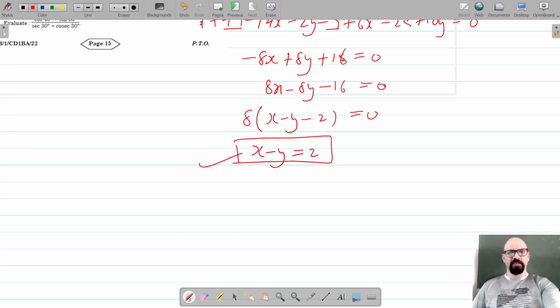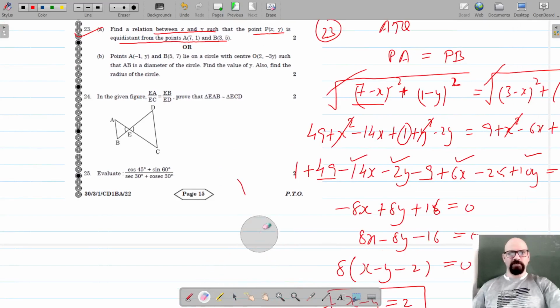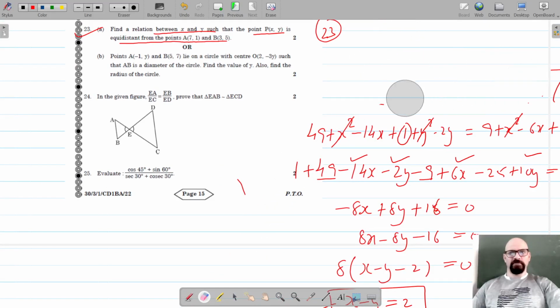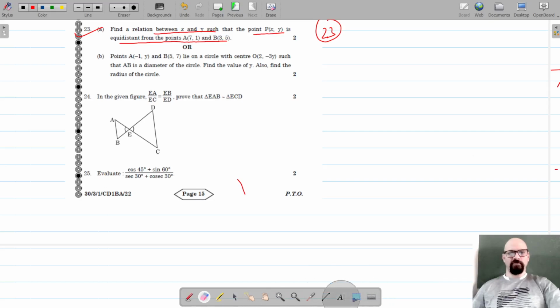Okay, for the next one, that is part B. It's given that points A (minus 1, y) and B (5, 7) lie on a circle with center O, so that AB is the diameter.